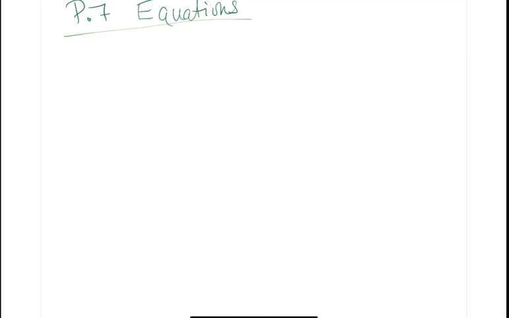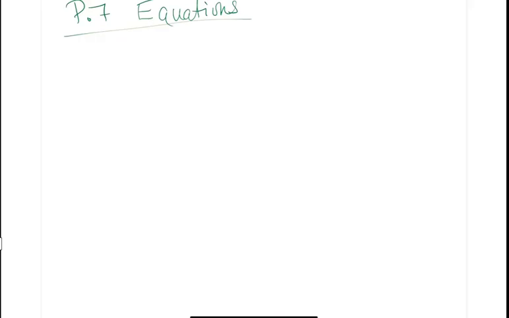Earlier, we were just looking at expressions because the only thing we were able to do was simplify whatever they gave us. Now, the difference between an equation and an expression is an equation has an equal sign. Yep, good job. So since we have that equal sign, we can actually solve for our little variable, right?